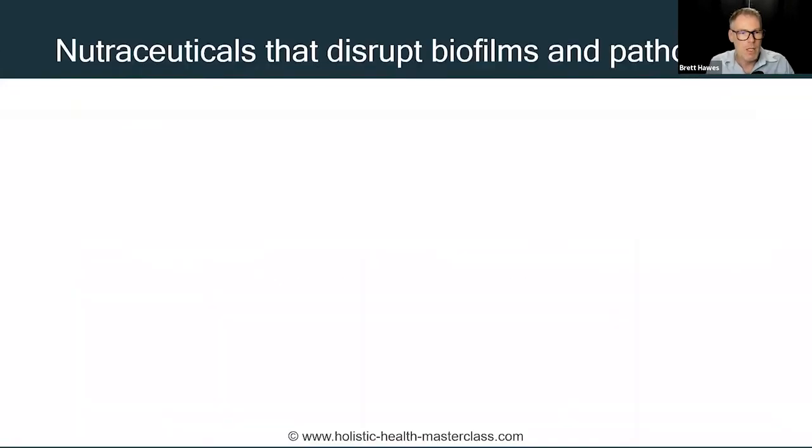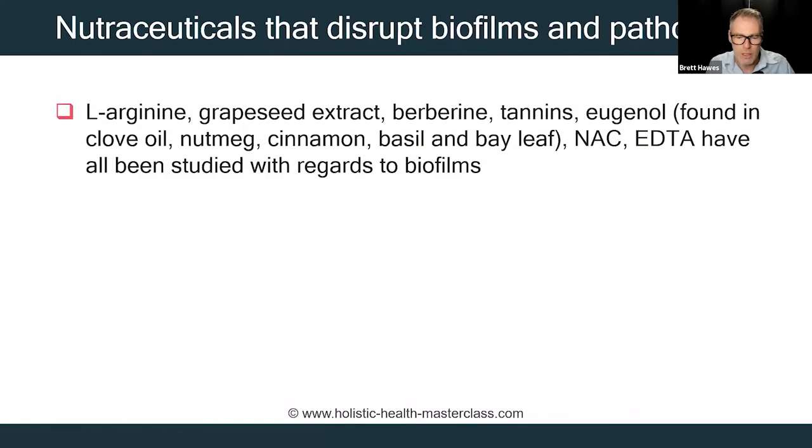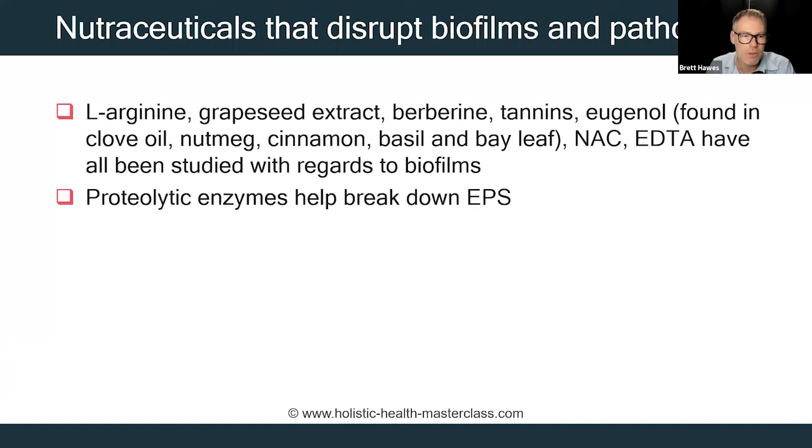All right. So some more here. These are also compounds that will disrupt biofilms. So arginine, grapeseed, berberine, tannins. You'll see NAC, very popular these days as well. EDTA have all been studied with regards to biofilms. We can use proteolytic enzymes to help break down the outer shell of the biofilm.